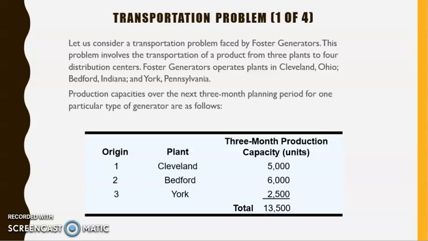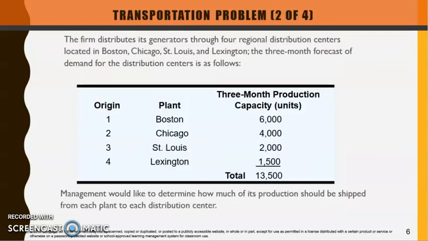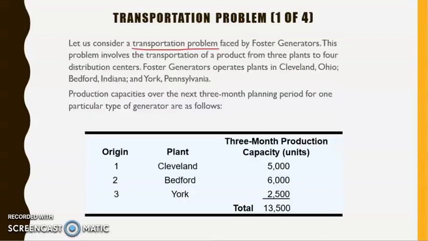And now it is giving you the hint that it is a transportation problem, because as I told you, there are 3 categories of problem: transportation problems, transshipment problems, and assignment problems. We just reviewed these together. Here it was. And it says here that it is a transportation problem.